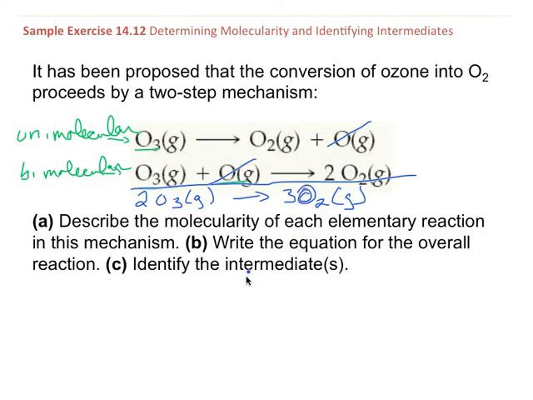Okay, very similar to Hess's law if you remember. Identify the intermediates. Intermediates are going to be things that are produced in a reaction and then used up in a following reaction. So the intermediate for this is going to be the oxygen atom. Okay, make sure that you understand what an intermediate is.